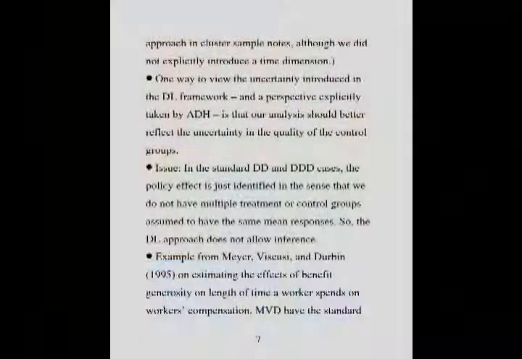So the Donald and Lang approach is certainly one way to introduce uncertainty, and in fact, for the most part, as we saw, the uncertainty is assumed to actually swamp the sampling error that you get from estimating the individual means, because we saw in the case that we called the small g case and use this Donald and Lang method, the way to apply that, you have to use a classical linear regression model, and so you basically have to assume that the estimation error can be ignored, or at least the variation at the individual level.